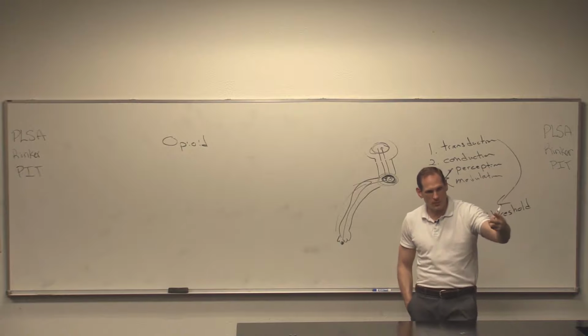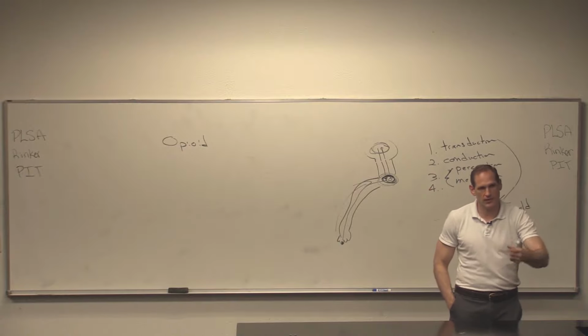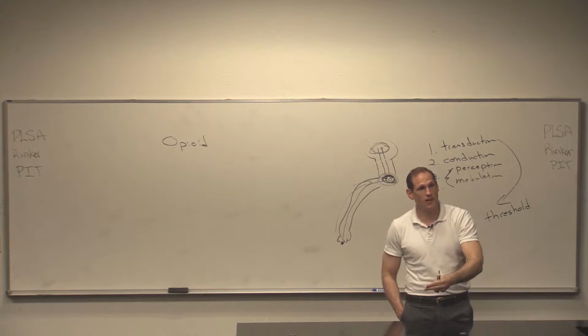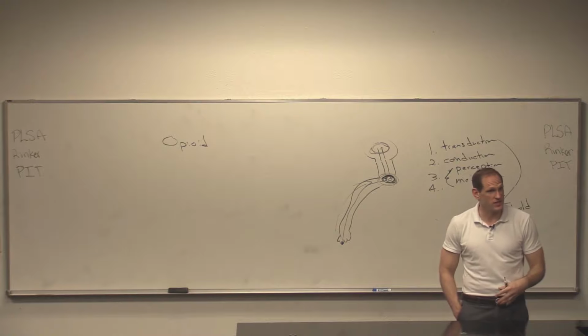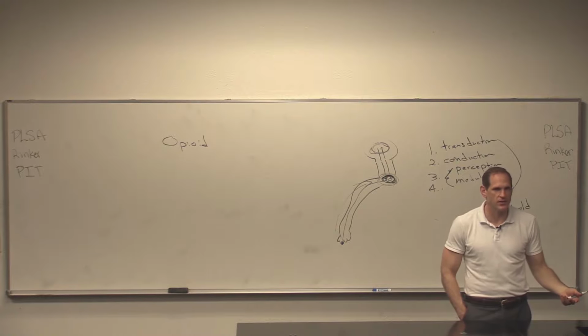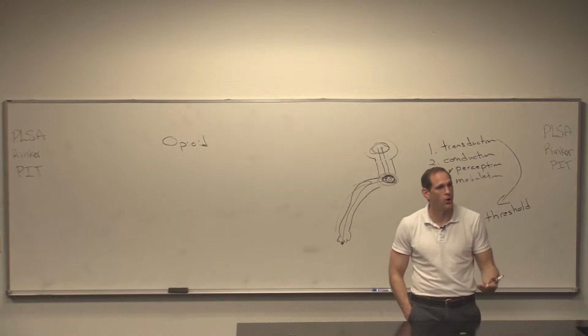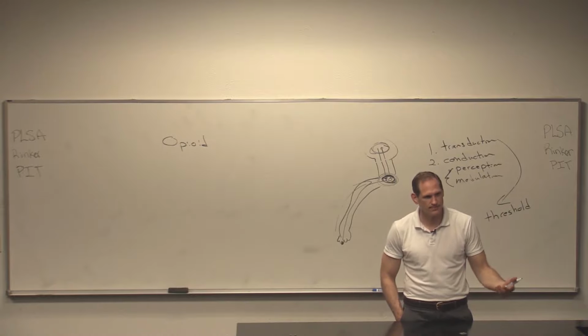So there's only two opiates in the world, and that is morphine and codeine, because they come from the opium plant, the opium poppy. Everything else that's artificial or synthetic is not an opiate, it's an opioid. Does that make sense? Okay.